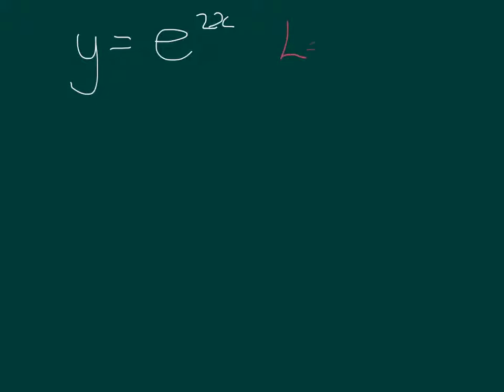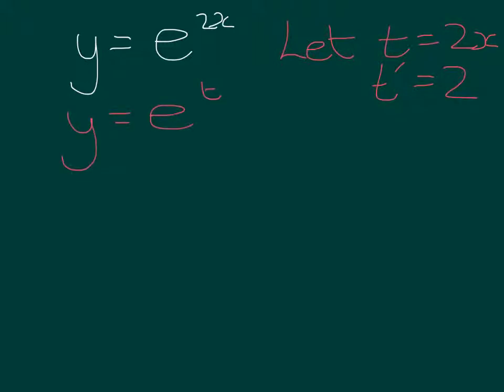So let's let t be equal to 2x. dt by dx is therefore equal to 2. y is equal to e to the t, so dy by dt is just e to the t because it doesn't change.